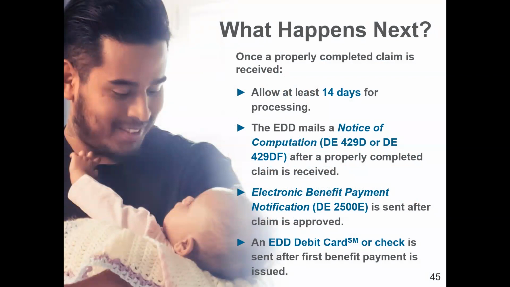So what happens next after an employee has either filed for disability insurance or paid family leave? Well, a properly completed form typically takes about 14 days to be processed. And then the first communication an employee is going to get from EDD is called a notice of computation. This form simply says, hey, we received the claim and here's an estimated benefit payment amount.